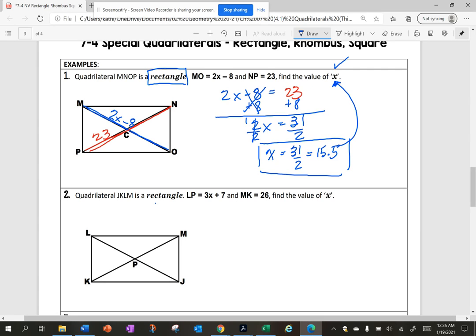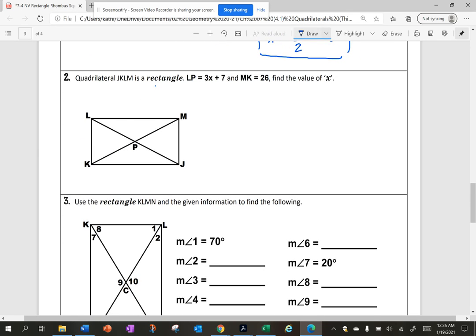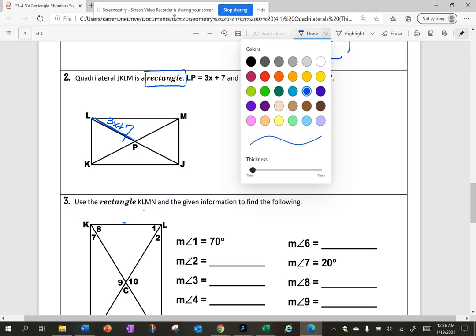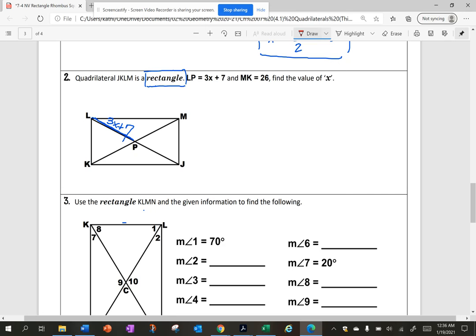All right, let's try another example. Quadrilateral JKLM is a rectangle. The distance from L to P is 3x plus 7, and the distance from M to K is 26.